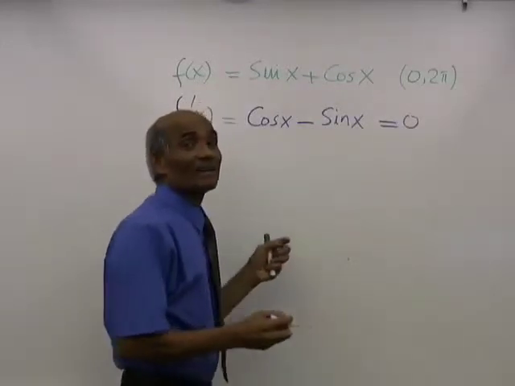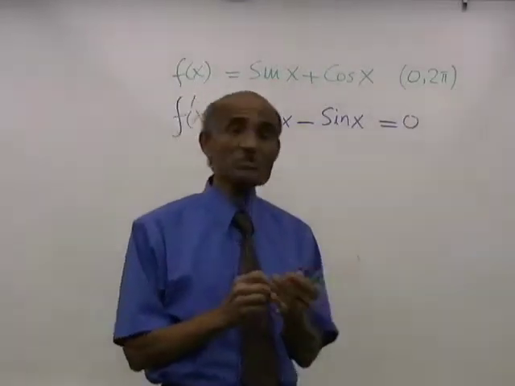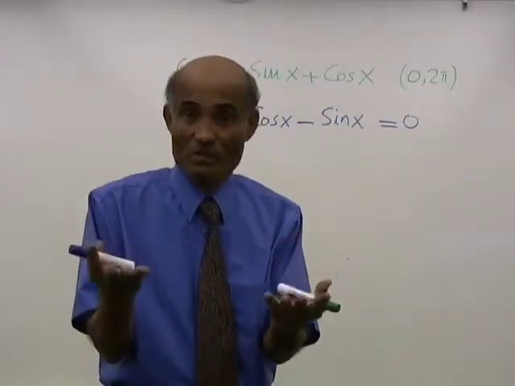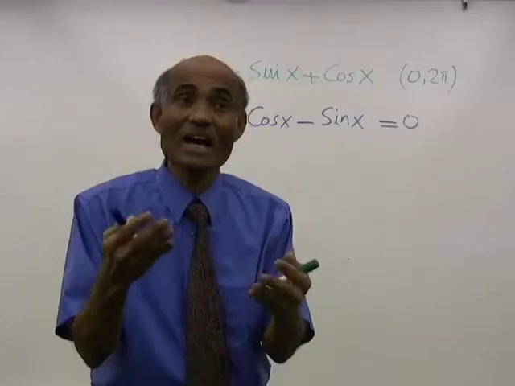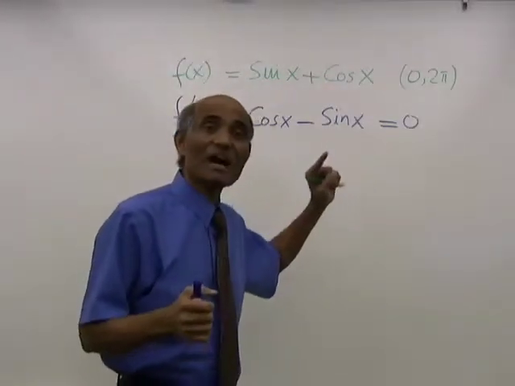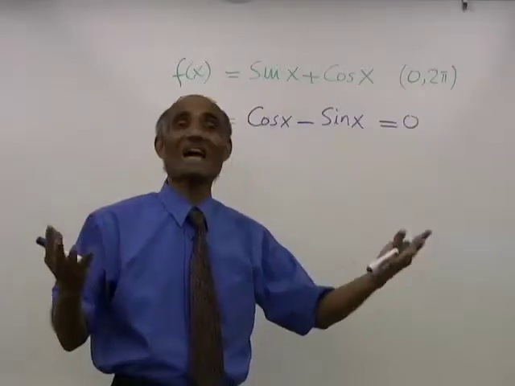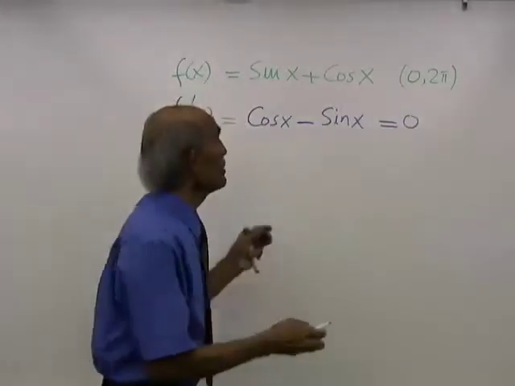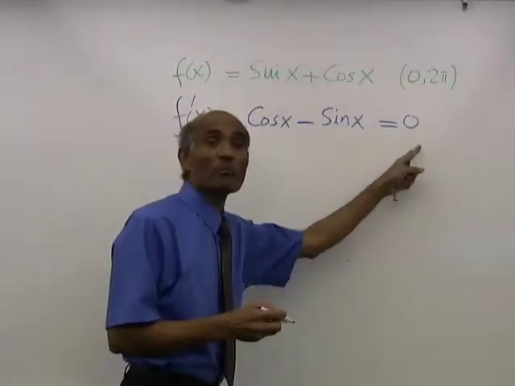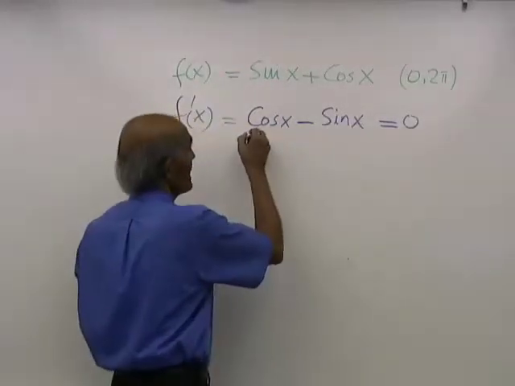Well, to do that, you need to have an understanding of the trigonometric equations and identities. You should know that sine x divided by cos x is tan x. And so, on this equation, if you divide each term by cos x, let's do that.